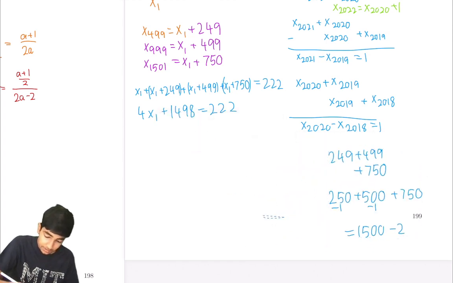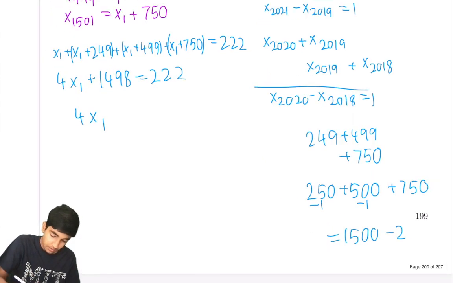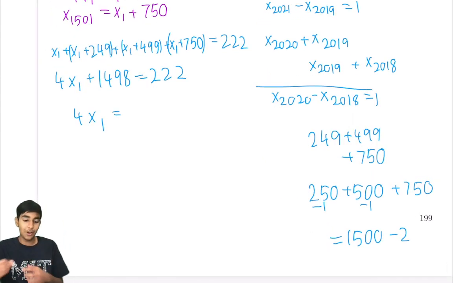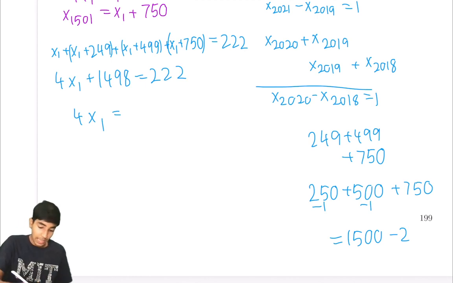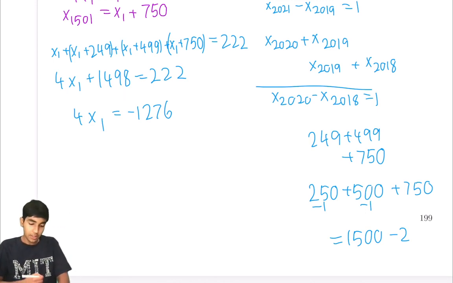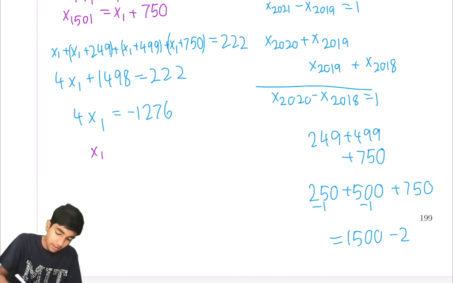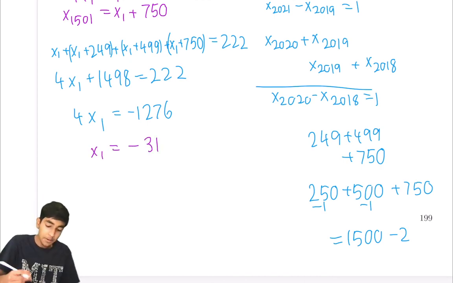From here, we can see for 4 times x of 1 equal to 222 minus 1498, which is negative 1276, right? We're just subtracting 1498 from both sides. And then from here we get x of 1 equals negative 319.